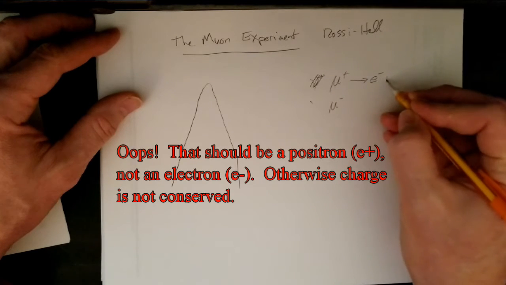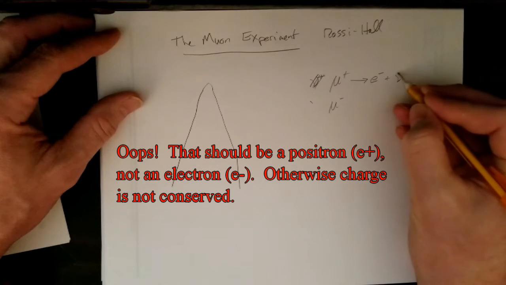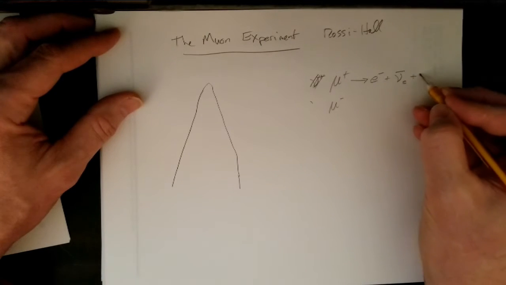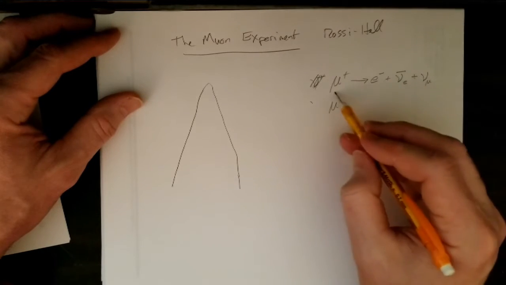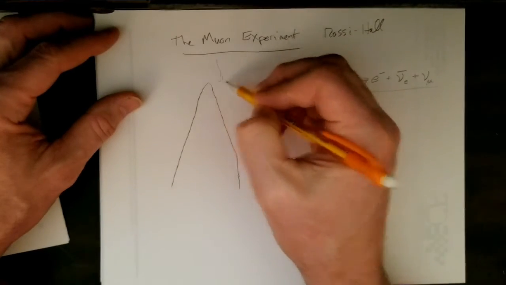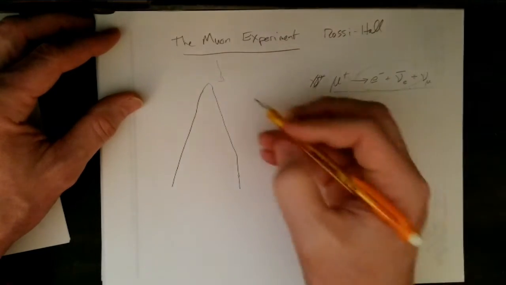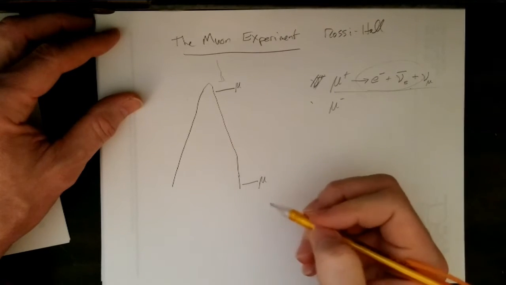And you can get an electron plus a neutrino, an electron anti-electron neutrino plus a muon neutrino. That's just sort of side notes right there. But these muons are coming in and they will decay. And so you count the number of muons up here, you count the number of muons down here, and you just do a comparison.